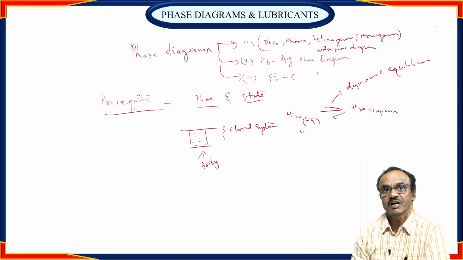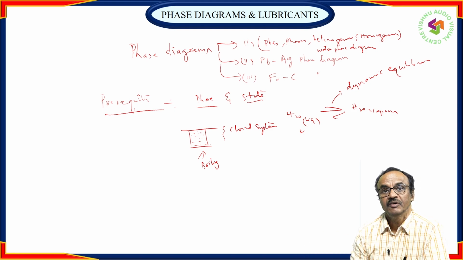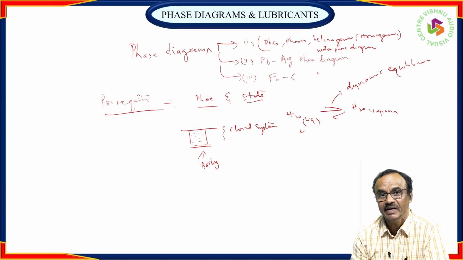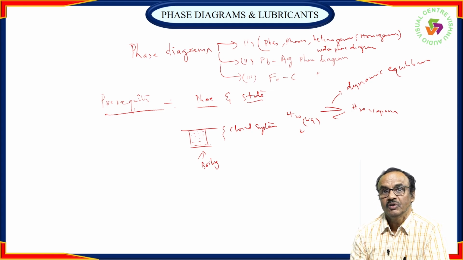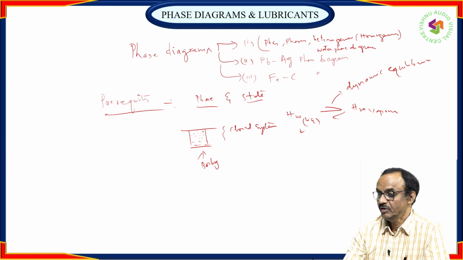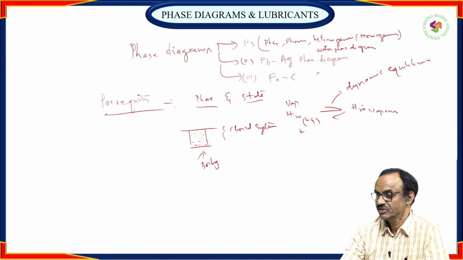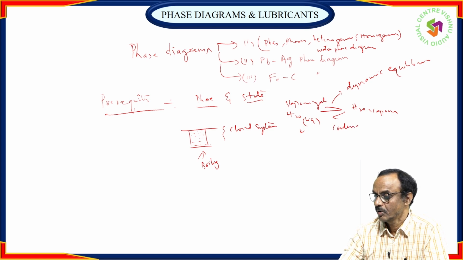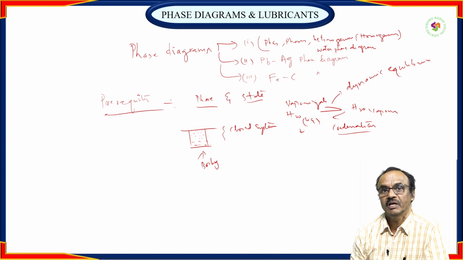Here equilibrium exists after some time. Once it's saturated with vapor, no vacant space is available, no chance to maintain stability inside. Molecules are forced to get condensed. The forward reaction is called vaporization and the backward reaction is called condensation. When vaporization equals condensation, that is called dynamic equilibrium.